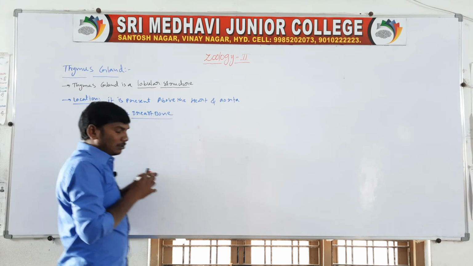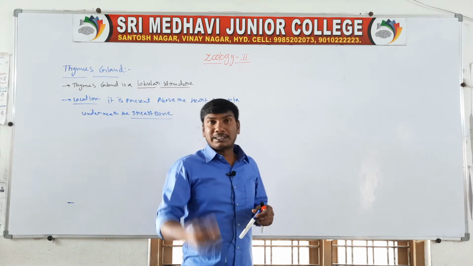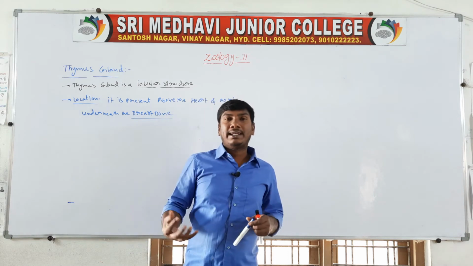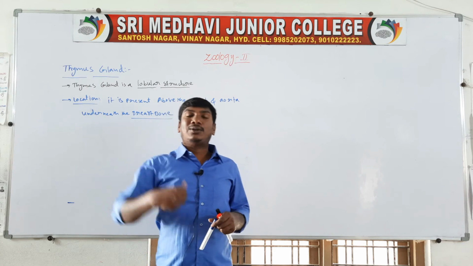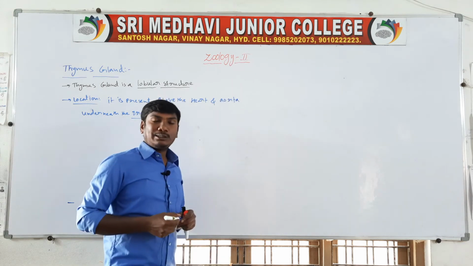The thymus gland is a lobular structure, presenting above the heart, which means above the aorta, and below the breastbone.